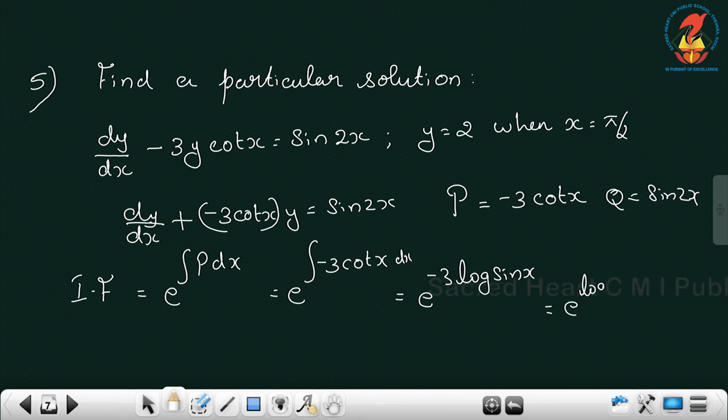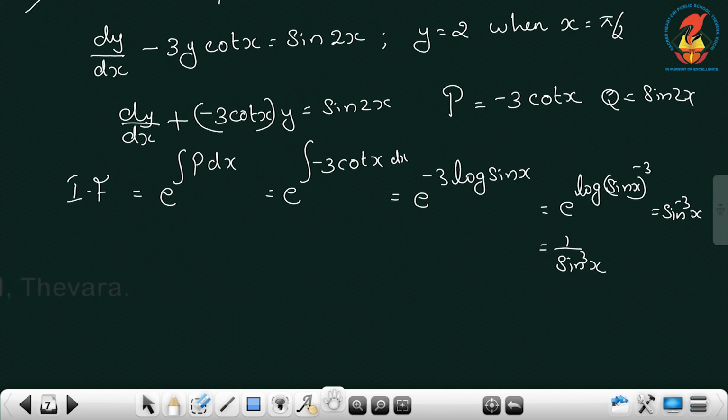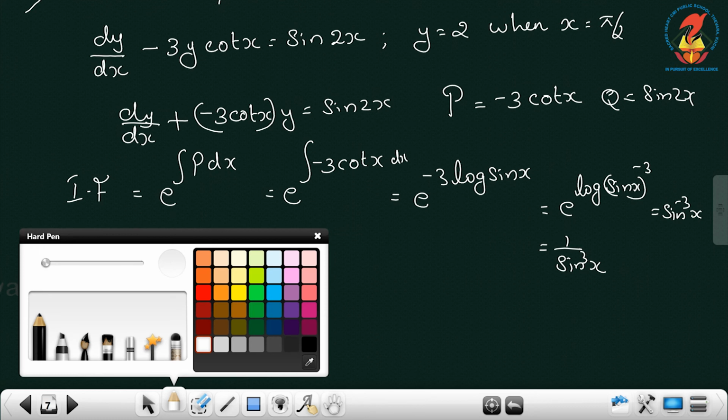So e raised to log of sin x raised to minus 3, that is the meaning. Sin x raised to minus 3 is the same as 1 by sin cube x. So the integrating factor is 1 by sin cube x.